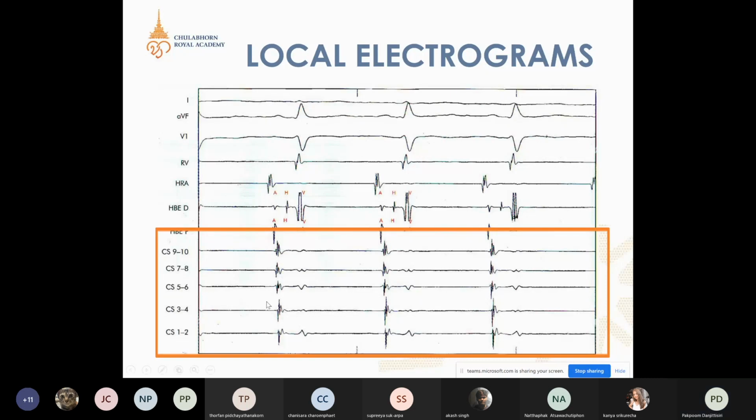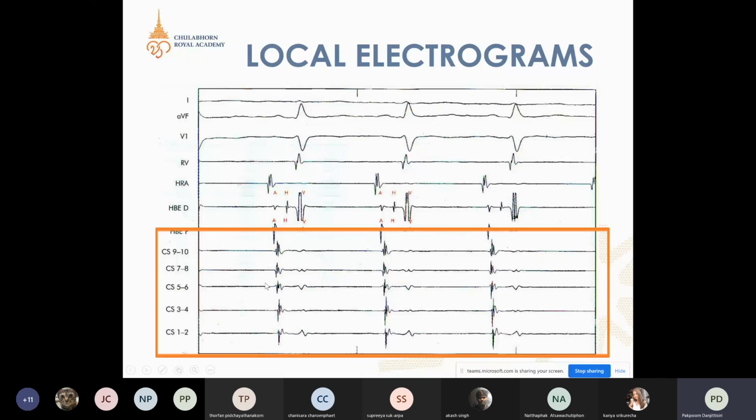So the first atrial signal should be seen on CS 9 and 10 first, because CS 9 and 10 is at the ostium of the coronary sinus, and then the activation will go from right to left side.